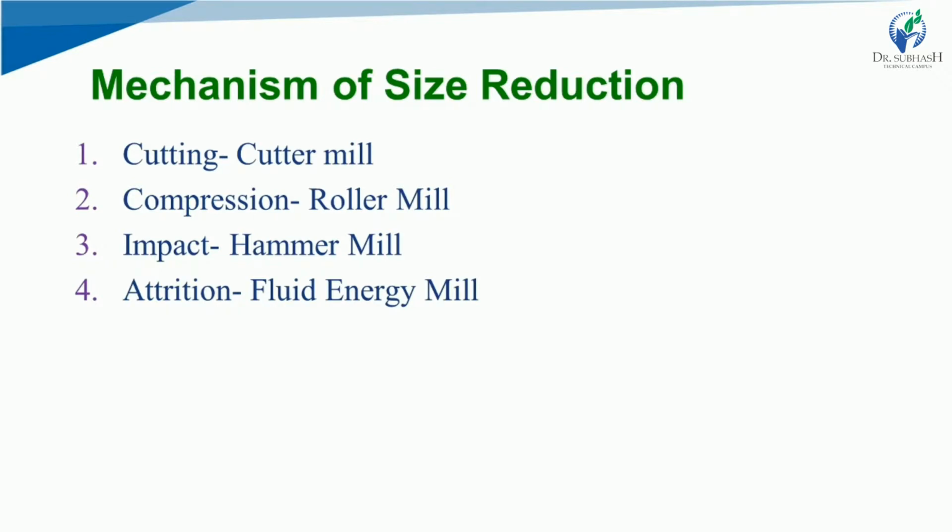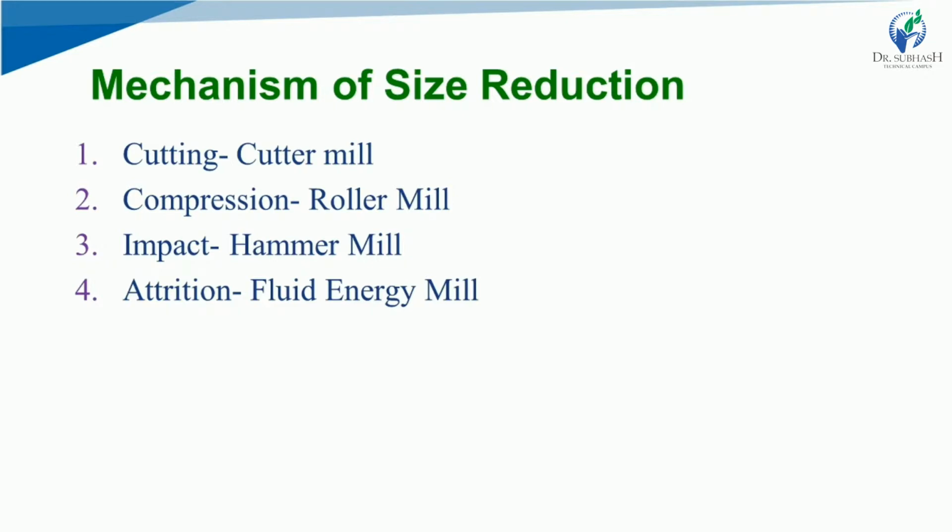Now as you can see, cutting, compression, impact, attrition, these four are the basic modes of size reduction. You have to remember these four mechanisms, or you can also say modes of size reduction. This will be helpful in your GPAT examinations or any competitive examinations.